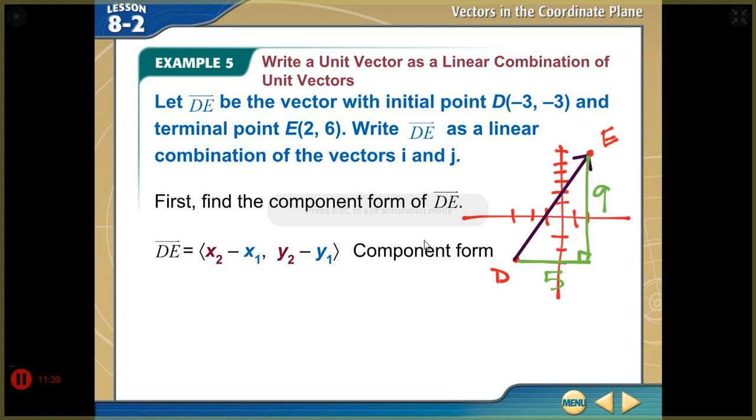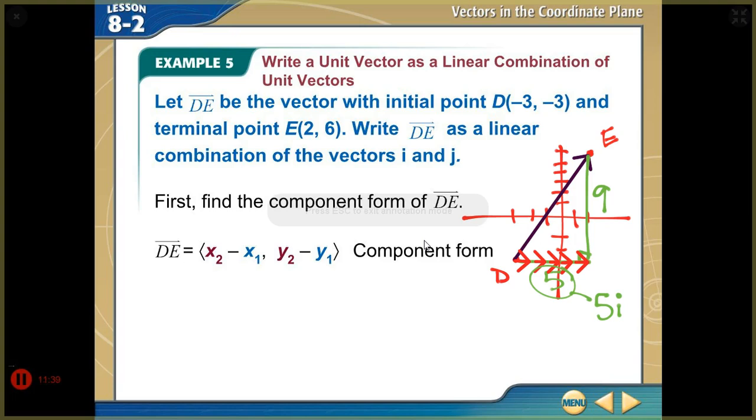What we can do now is take our tiny little unit vectors, so the distance of 1, and apply them across. So if I go 1, 2, 3, 4, 5, that gets me to 5. A way that we can write this is I take 5 times i in that direction. Same idea for going on up.